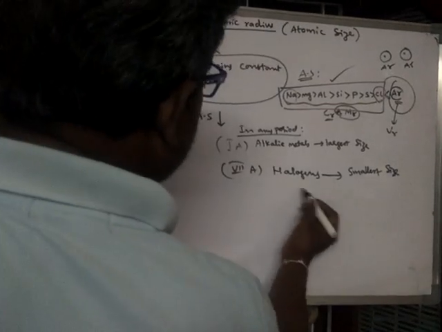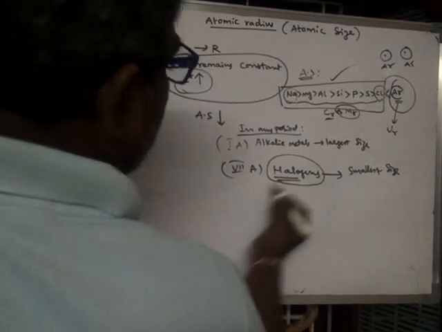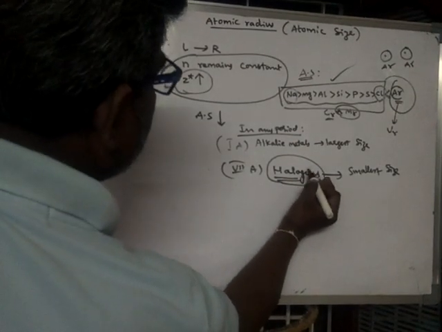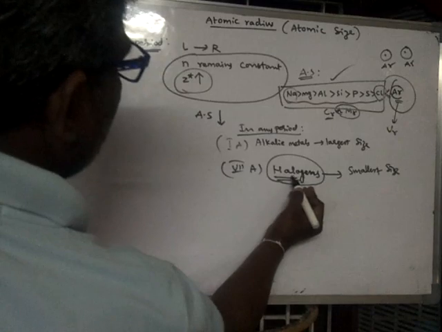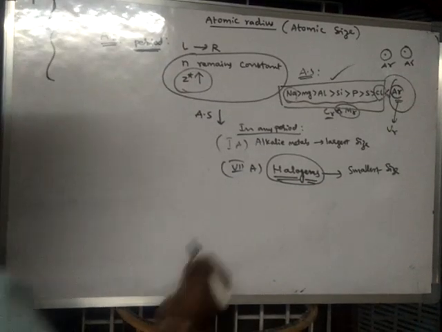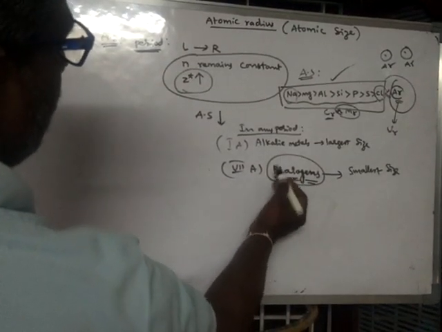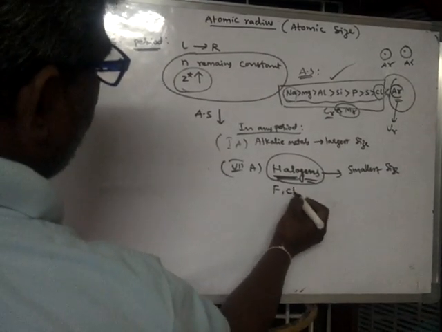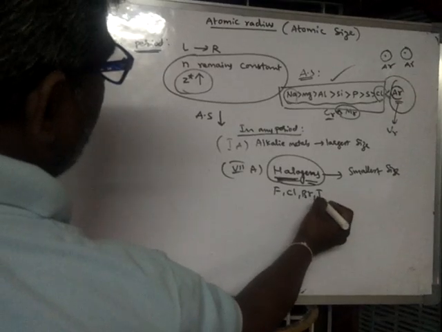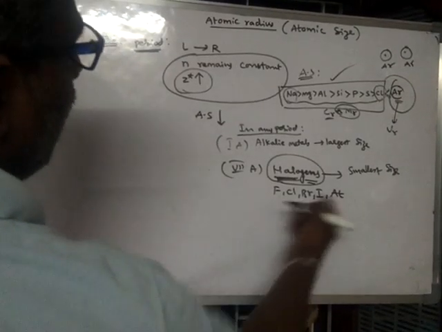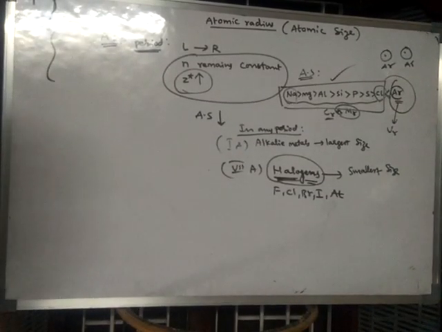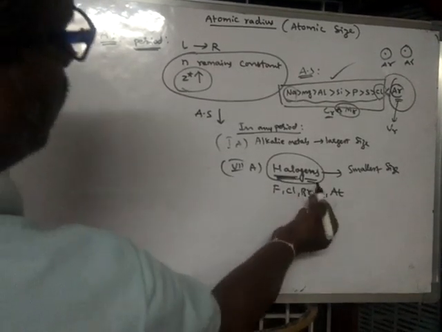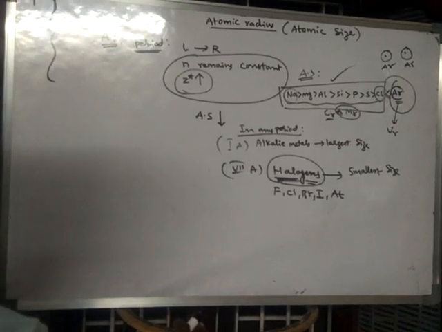What are halogens? Halo means related to salt, and gens means generate or produce. The halogens are fluorine, chlorine, bromine, iodine, astatine.